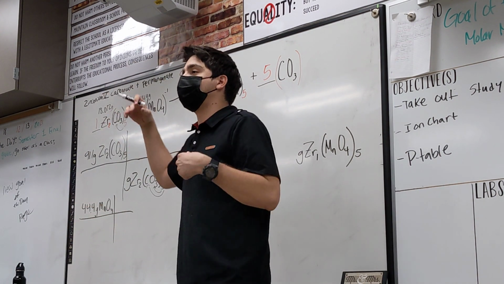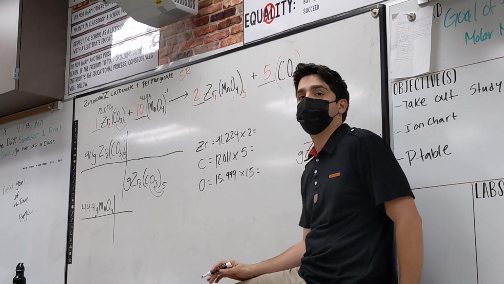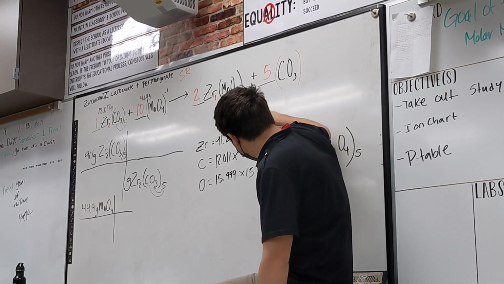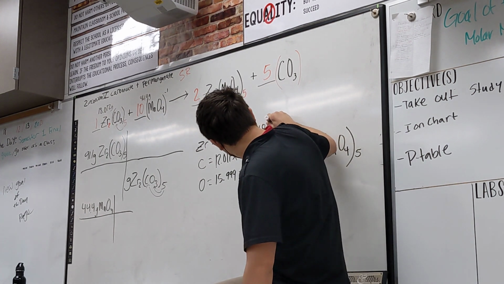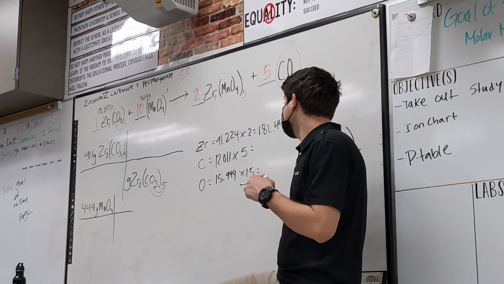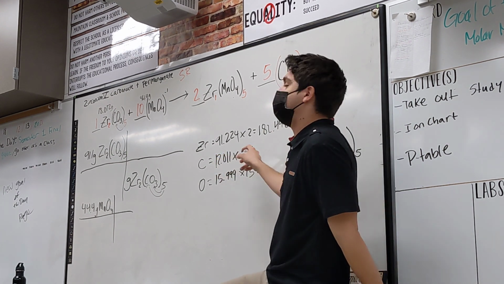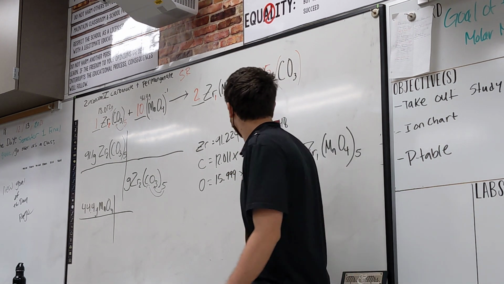All right, so what's 91.224? Hey, everybody get your calculators out. So what's 91.224 times 2? 182.448. So 12.011 times 5? 60.055.